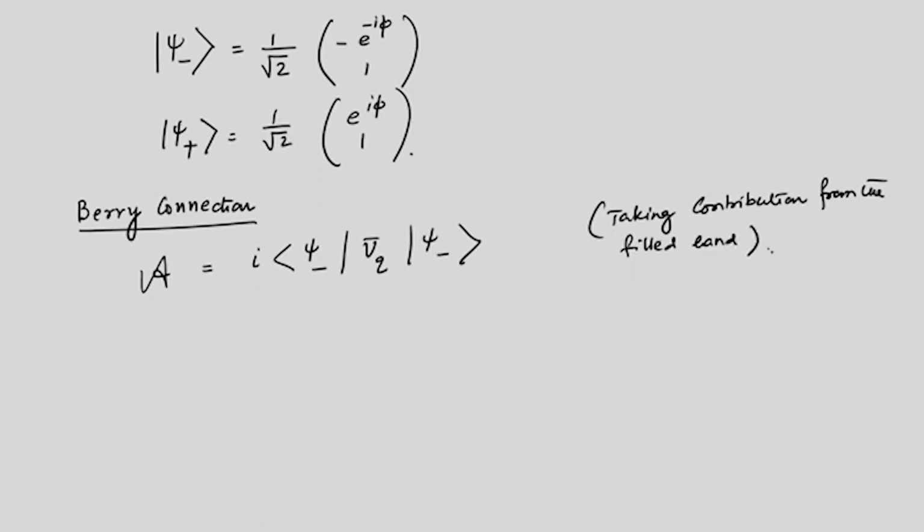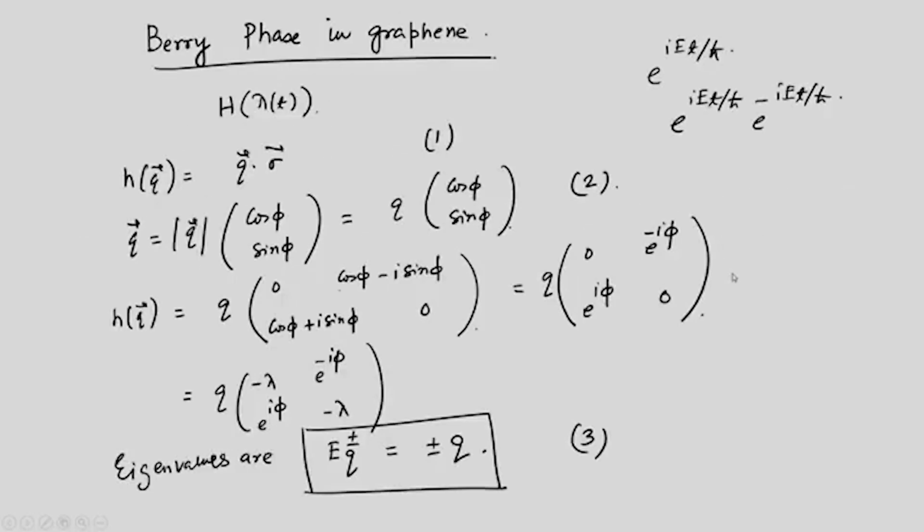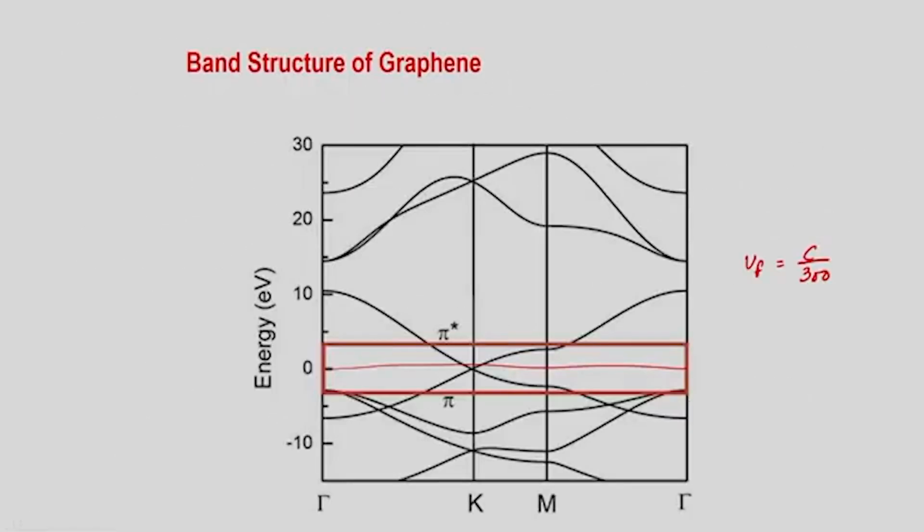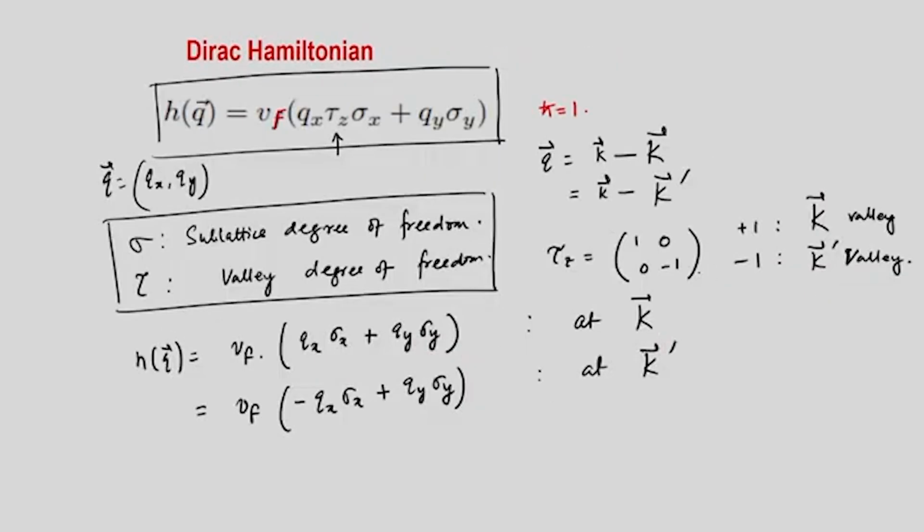So, the filled band is the negative sign, which corresponds to the valence band. So, filled means the valence band. The band which is lower, the ones below the Fermi energy, is the filled band, and we are just talking about the filled band.